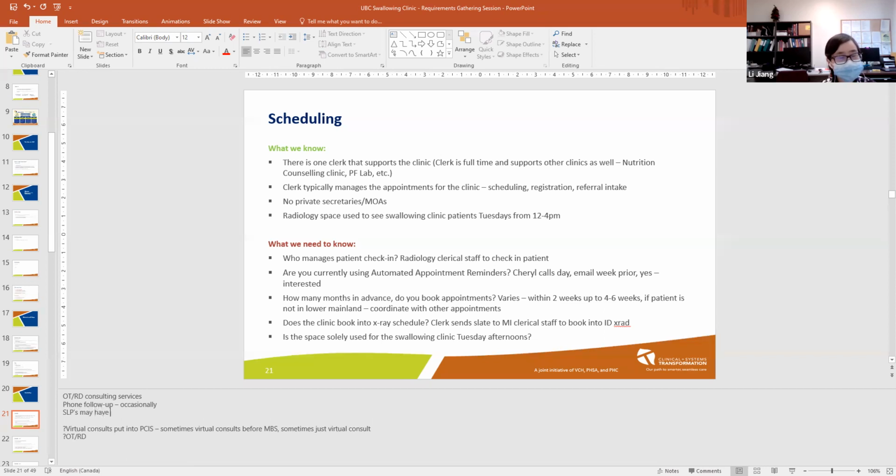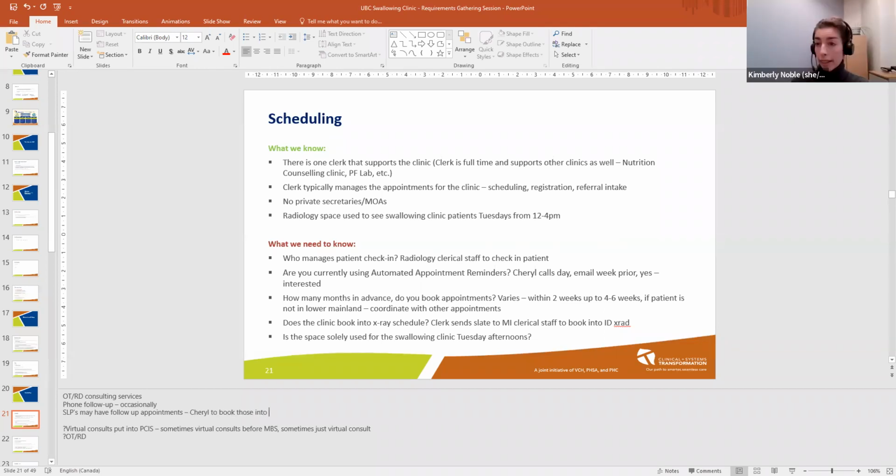And then during COVID, when we were doing more Zoom screenings, Cheryl will put those in PCIS, I think. Okay, yeah, I wasn't sure about that piece if she was actually entering the encounters, but that's good to know. And yes, certainly sometimes we would do in-person or virtual follow-up for explaining the results of the study or providing treatment suggestions.